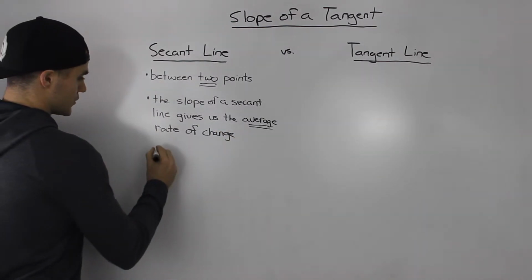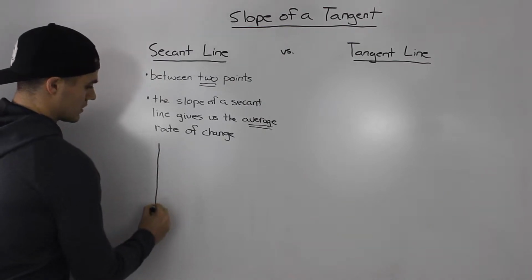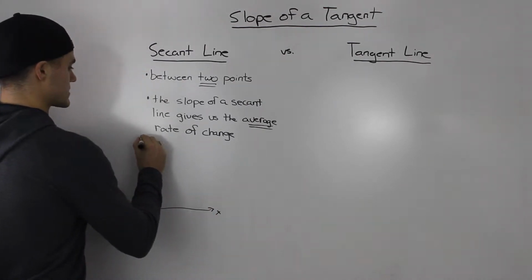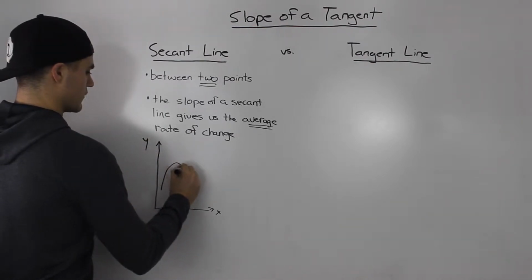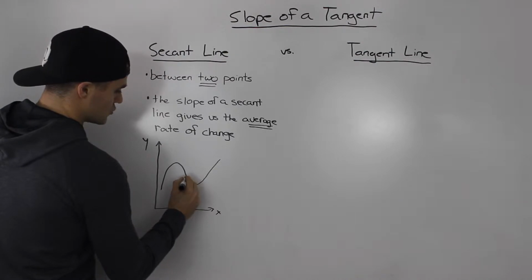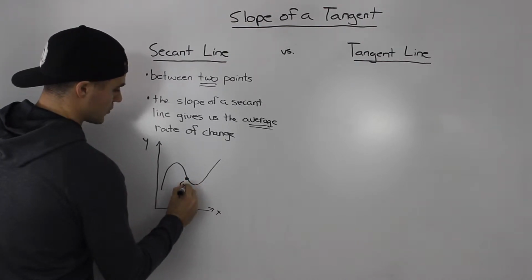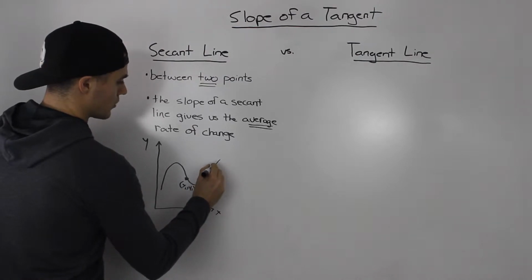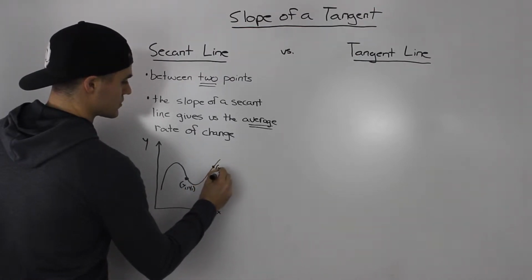So if we draw it out, let's say we have a graph here. This is the x-axis, this is the y-axis, and we just have some kind of random function here. And we pick 2 points on the function. Let's say the first point is x1, y1, and then another point on the function is x2, y2.